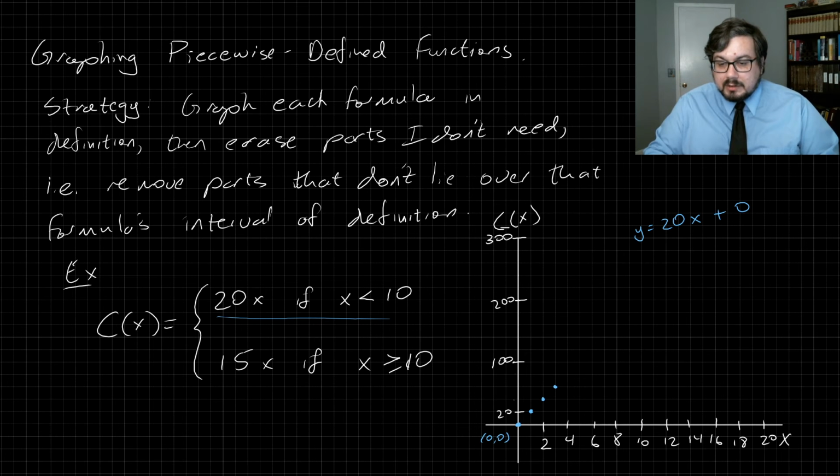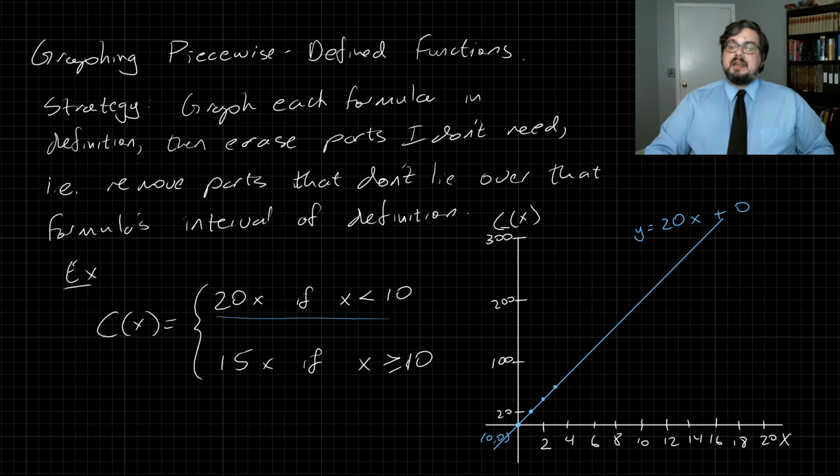Now let me try to do that efficiently. There we go. All right, so there's the graph of y equals 20x. And if that's all that the function was, then we'd stop there. However, now we look at the restrictions.